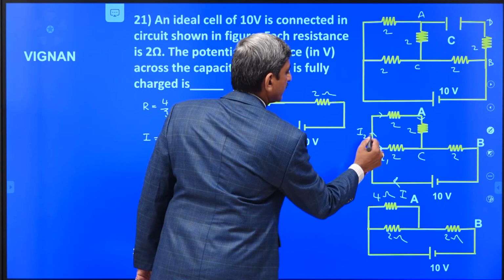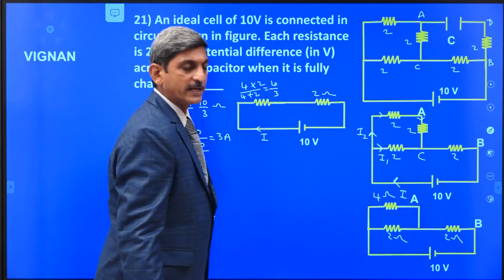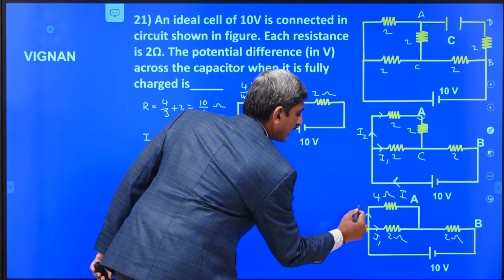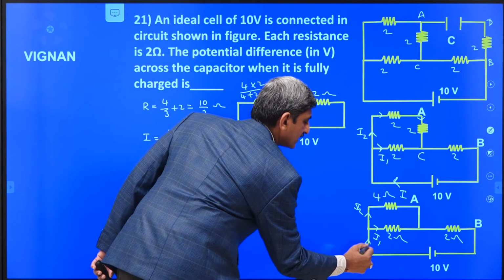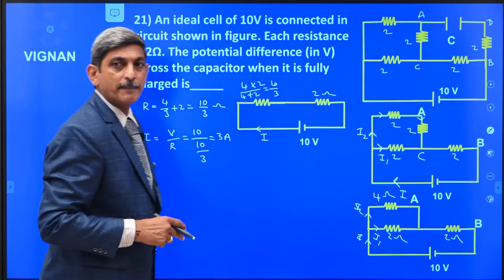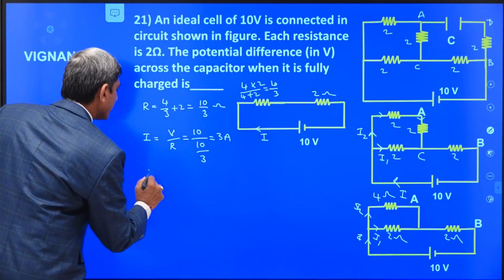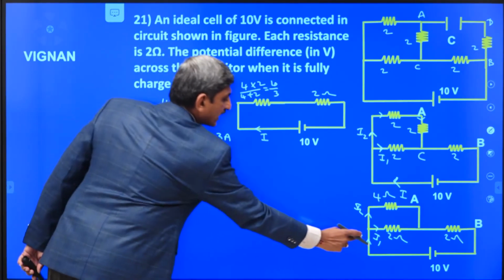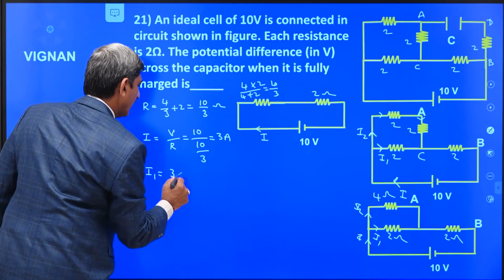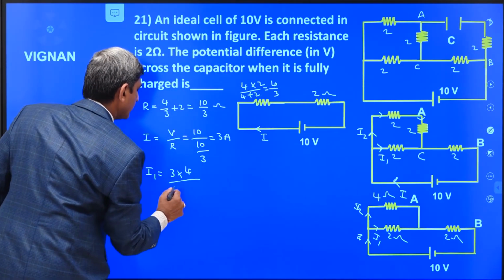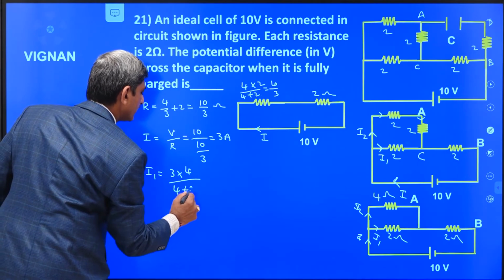Now it is dividing into two branches. This is I1, this is I2, whereas this is I. When the current divides into the two resistors in parallel combination, the current passing through the first resistance is given by I1 is equal to the total current into the opposite branch resistance by the sum of the two resistors.